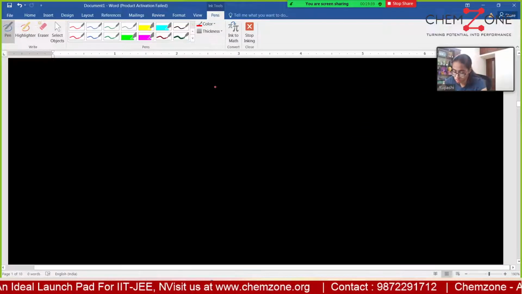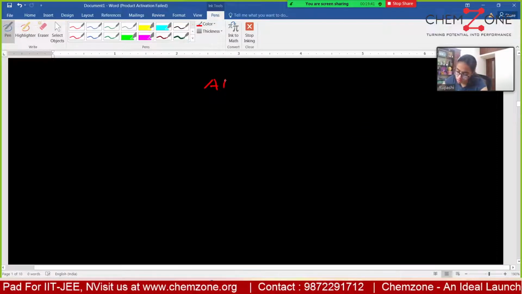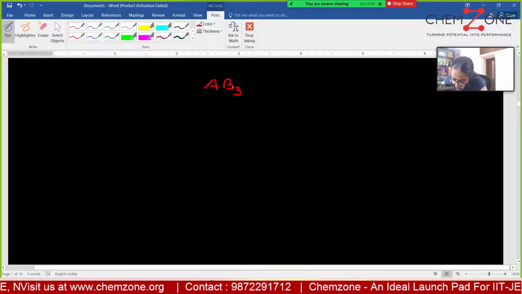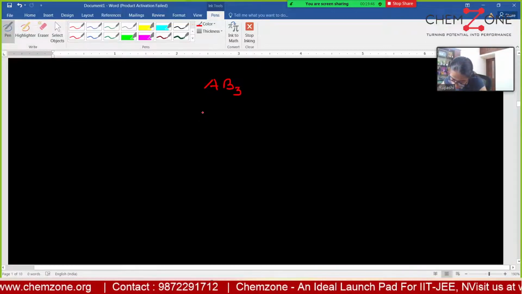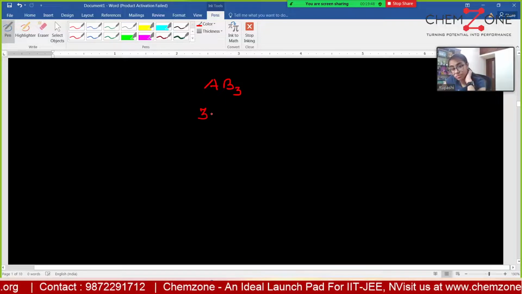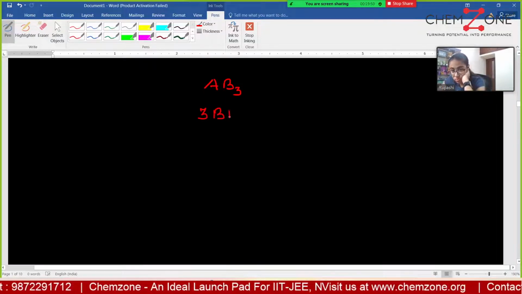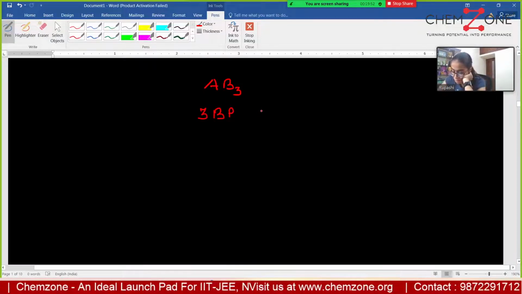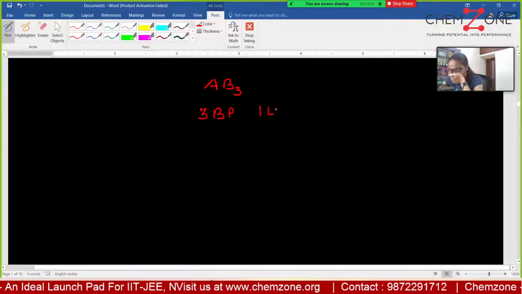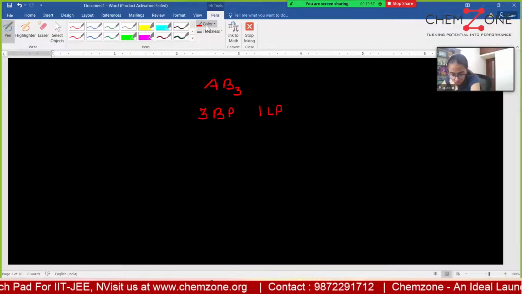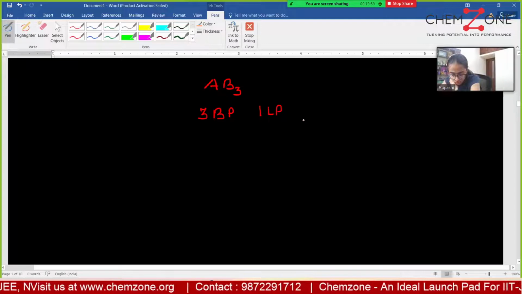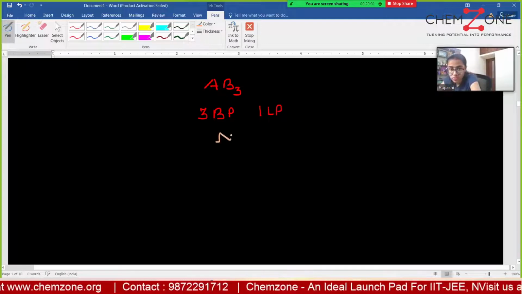Now the next one is again an AB3 type of molecule where we have 3 bond pairs and 1 lone pair. For example, we have the molecule of ammonia, NH3.